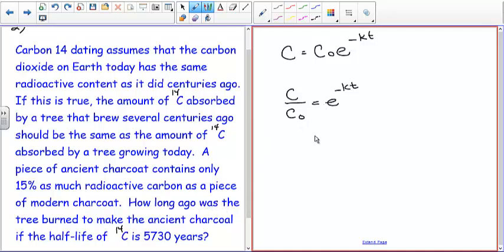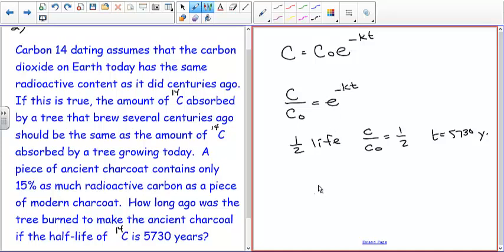So half-life means, in our particular case, that the amount of carbon divided by the original carbon is 1/2. And we know that the time associated with that is 5,730 years. So we're going to again use that to solve for k.